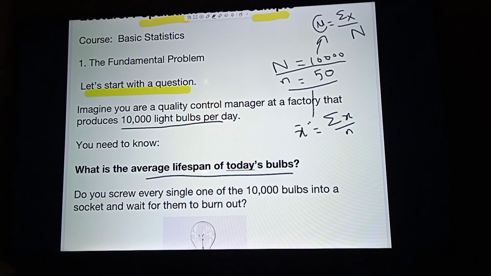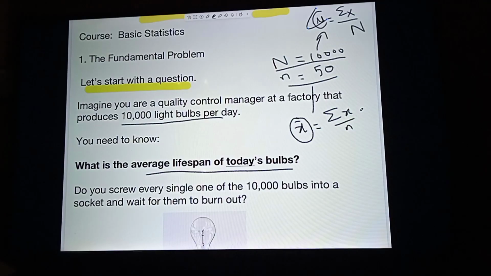So this x bar is called a statistic. So this will talk about the average lifespan of 50 bulbs, and this will talk about the average lifespan of 10,000 light bulbs.